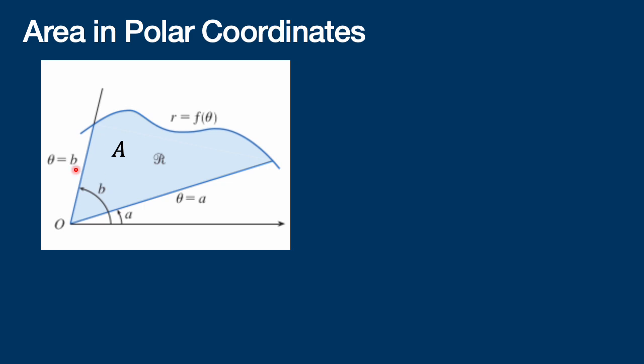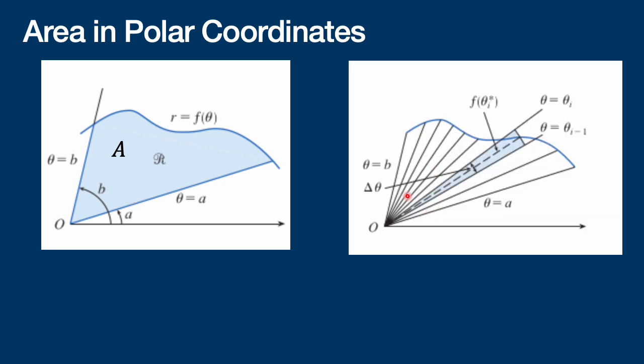We slice the angle b minus a into small pieces. Angle b minus a is the total angle. We slice it, drawing lines between theta equals a and theta equals b. Then you have small sectors.